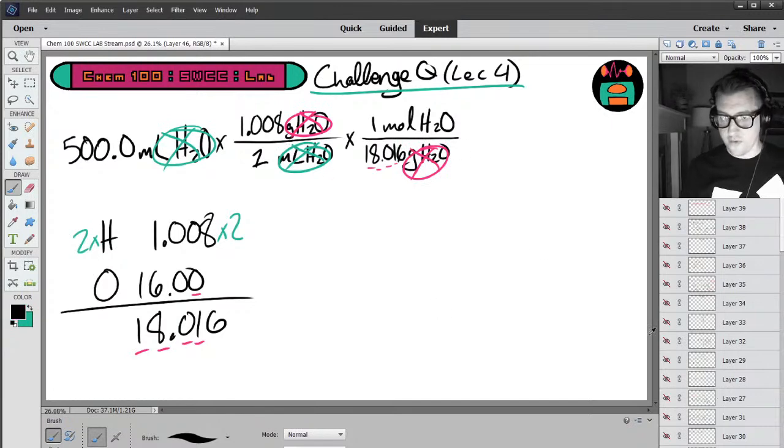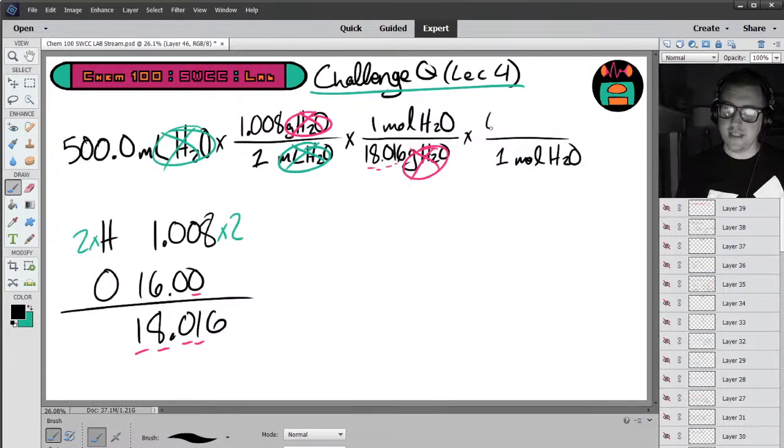Our final conversion is to convert from moles to molecules. And 1 mole of water has 6.022 times 10 to the 23rd molecules of water.